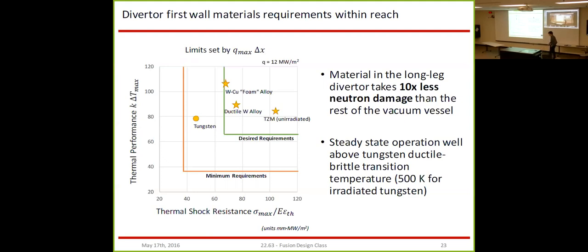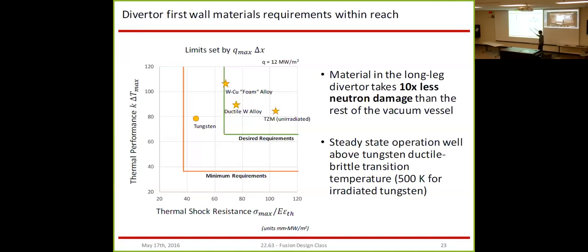So these lead us to believe that tungsten and possibly TZM, which is an alloy of molybdenum, for those that don't know, could serve as viable first wall materials. And so tungsten here, shown as a gold circle, just barely meets the minimum requirement for thermal shock, while it does very well from a pure temperature standpoint.